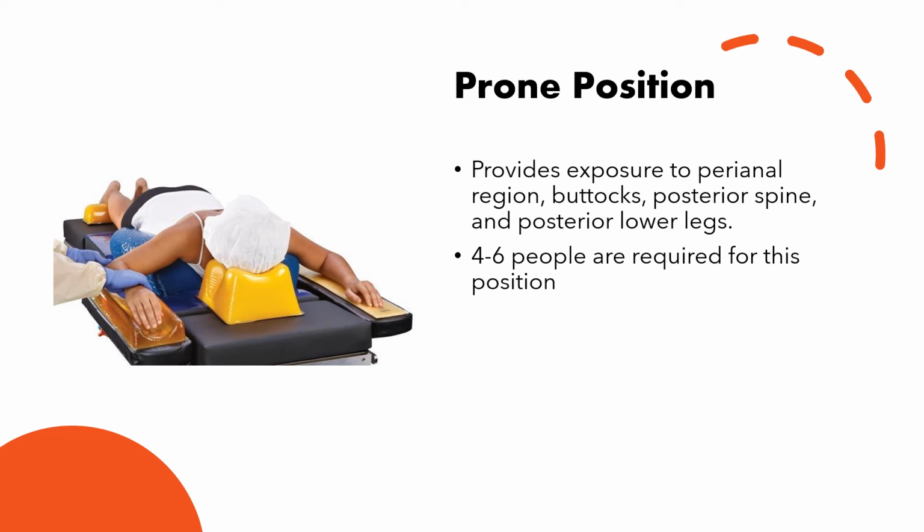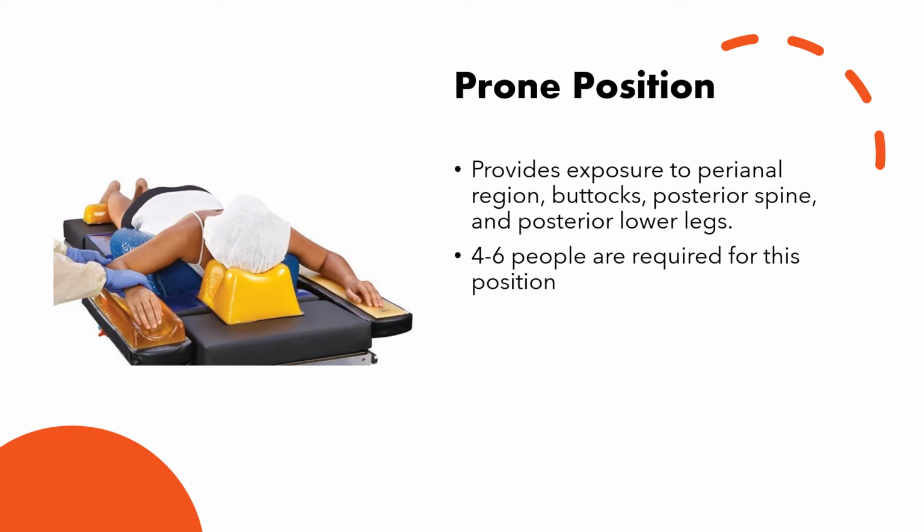There are gel rolls, or what we call chest rolls, that extend from the axilla to the iliac crest. And then there's some padding that goes under the feet so that the toes aren't pressing down on the OR table. All right. Now, some considerations for the female patient.